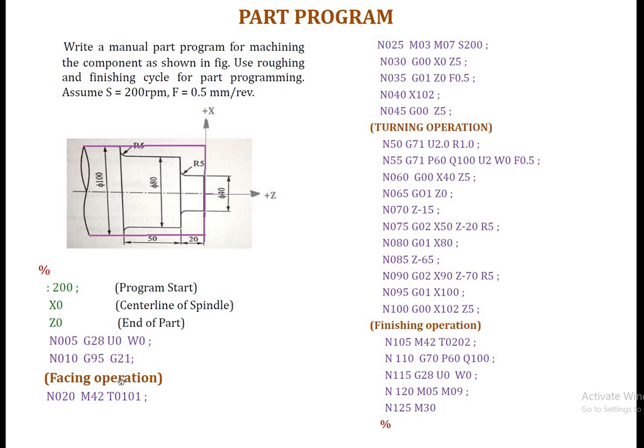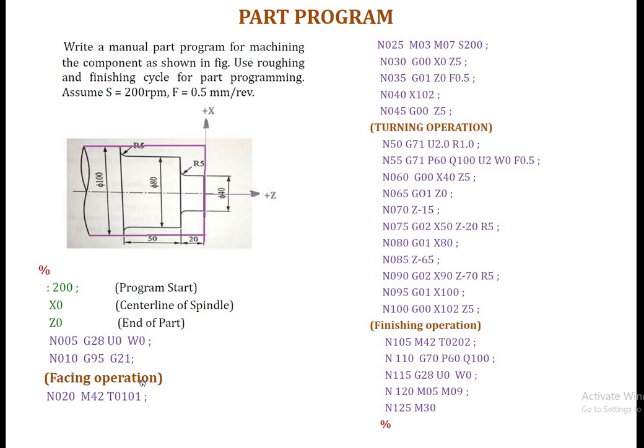G95 represents the feed rate, that is feed per revolution, so feed is defined in mm per revolution. G21 represents metric mode, so whatever dimensions we have taken in this program are in metric mode.